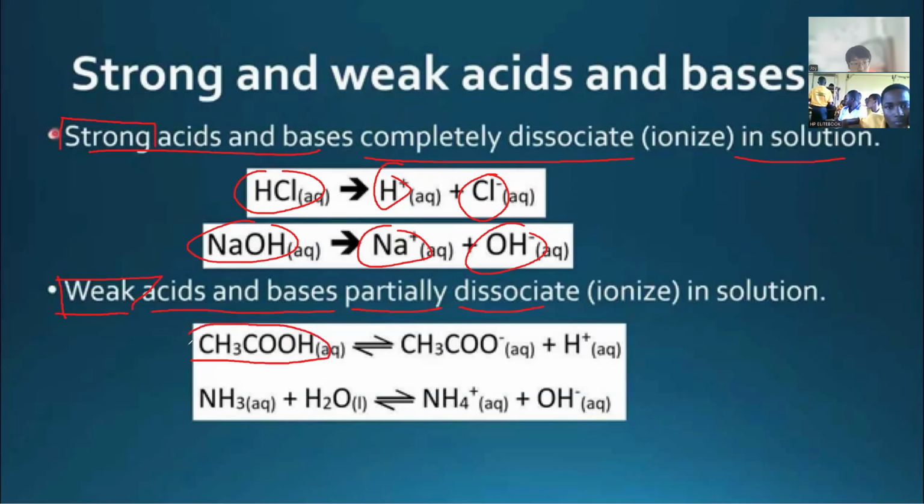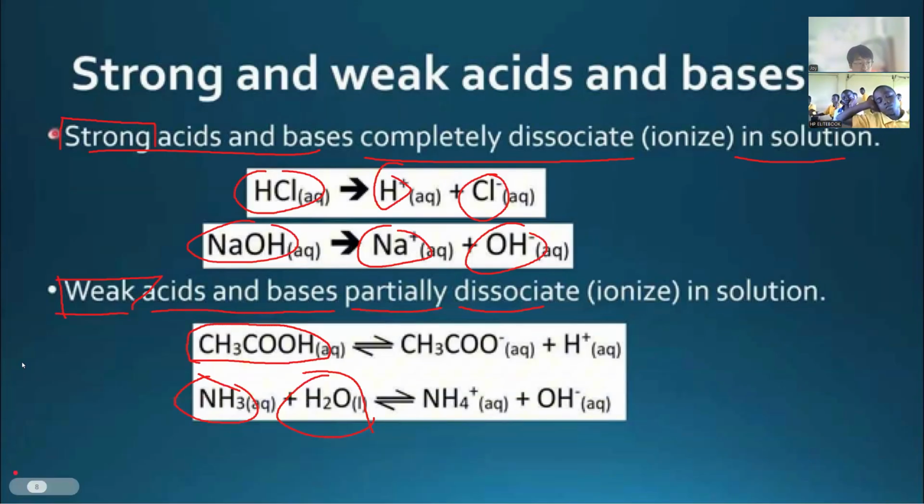Examples are acetic acid, and we also have ammonia adding to water. All of those are examples of weak acids and bases. But just know that strong equals completely dissociate. Weak equals partially, only a small amount is dissociated.